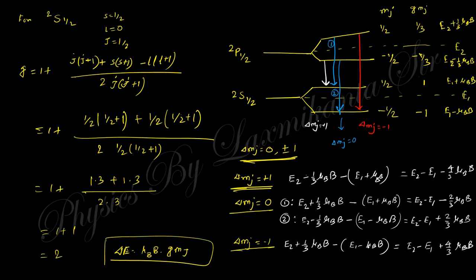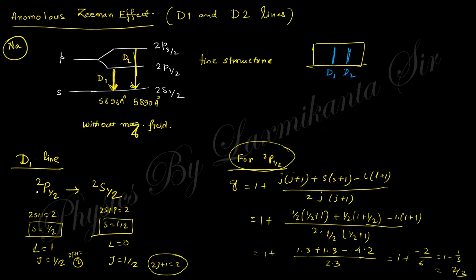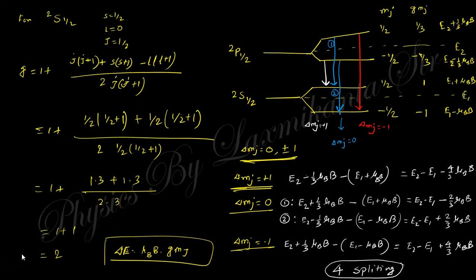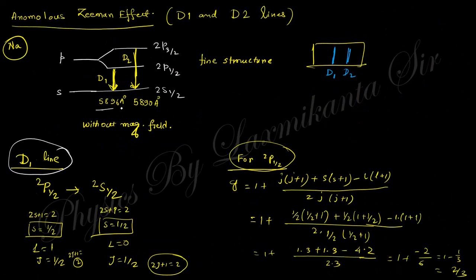Their frequencies are all different. So you will finally get 4 splitting. Clear? In case of the normal Zeeman effect, you will get 3 splitting. But here you can see this transition, that is D1 transition, gives you the 4 splitting.